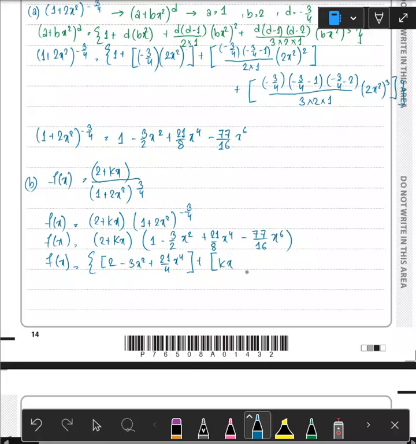And kx multiplied by negative 3 by 2x squared will give you negative 3 by 2 kx cubed, and kx multiplied by positive 21 by 8 x to the power 4 will give you positive 21 by 8 kx to the power 5. Here the powers will get added.